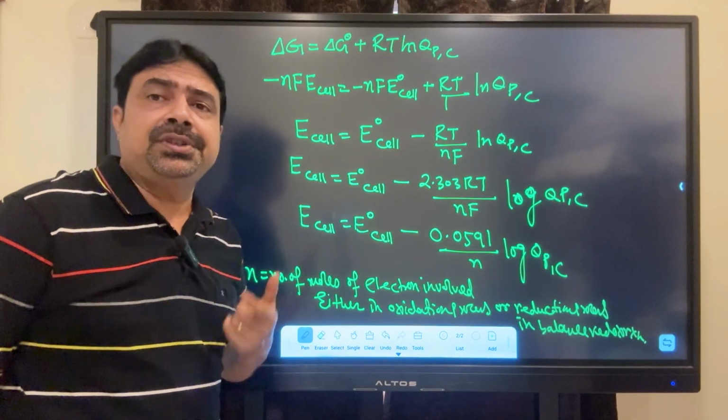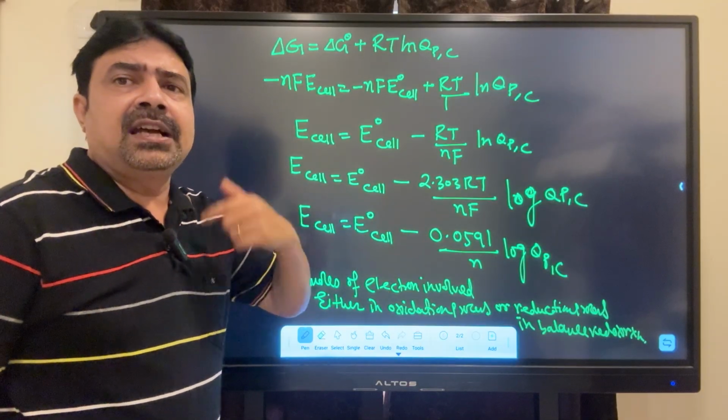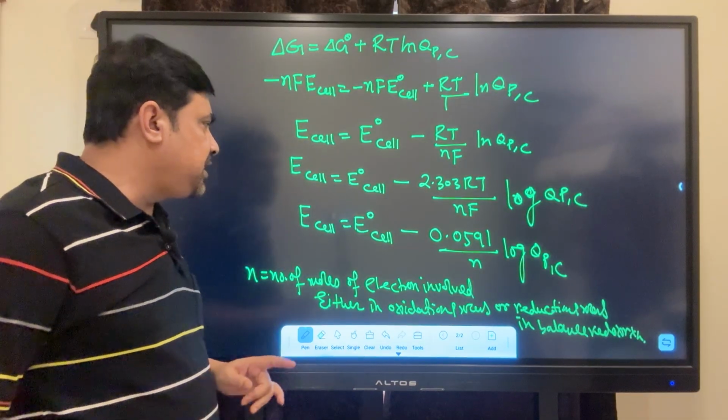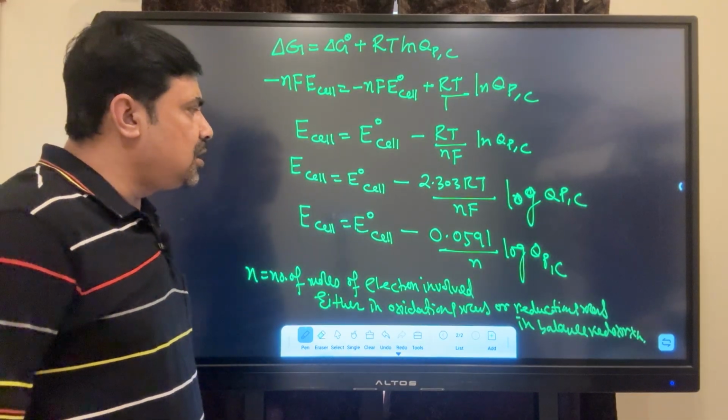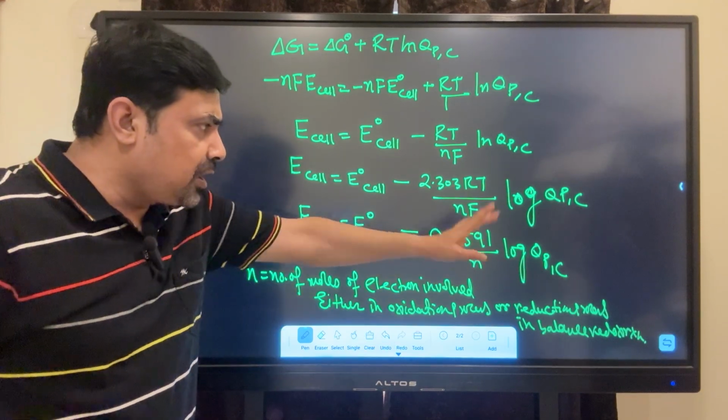Due to that redox reaction, there will be electron flow, and because of electron flow, current will be generated. As simple as that. Now we got the expression E cell equals E naught cell minus 0.059 by n log Qpc.